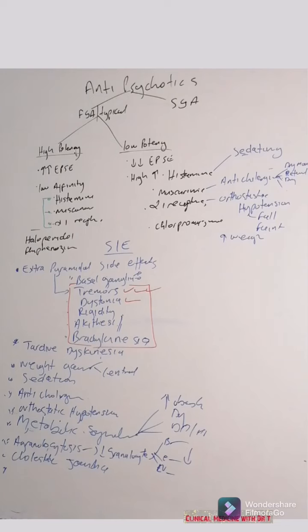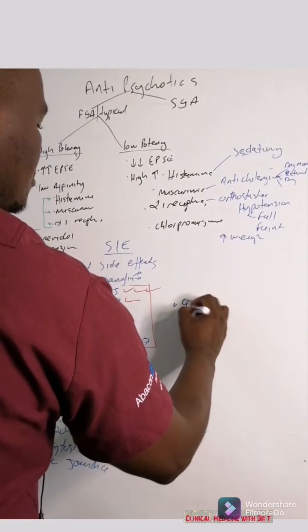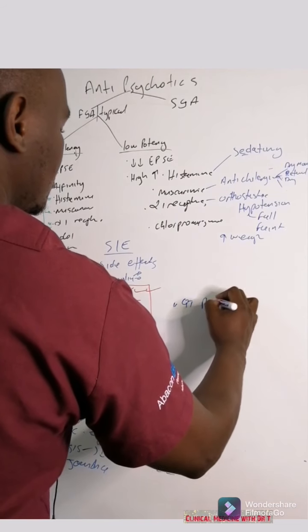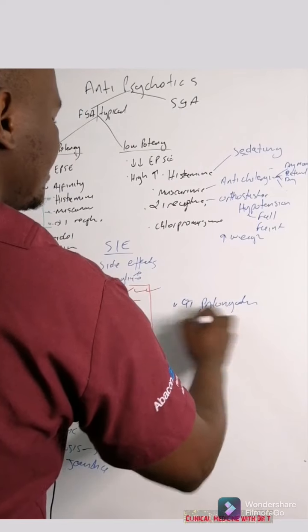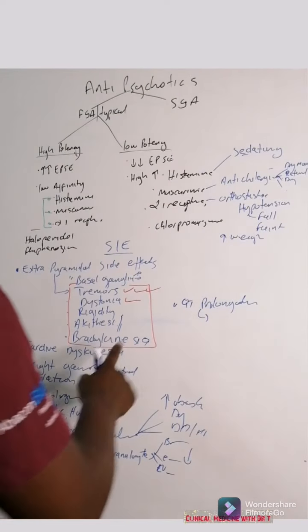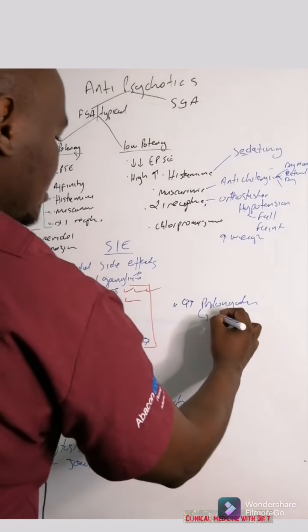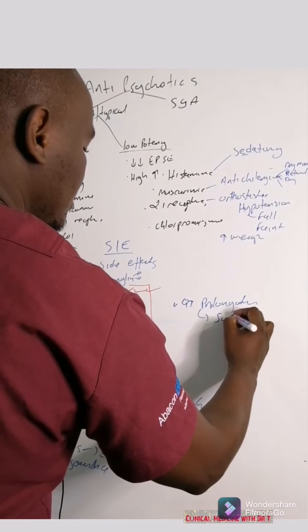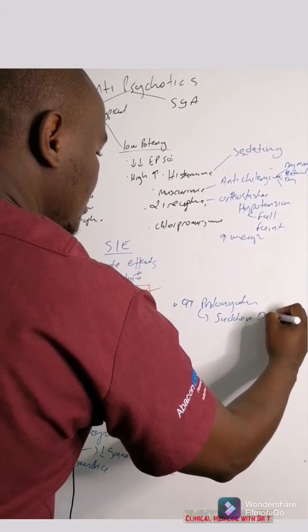They also get ECG changes due to QT prolongation. They say this is very, very rare, but when it happens and it's not picked up, the patient can just die suddenly. Sudden death.